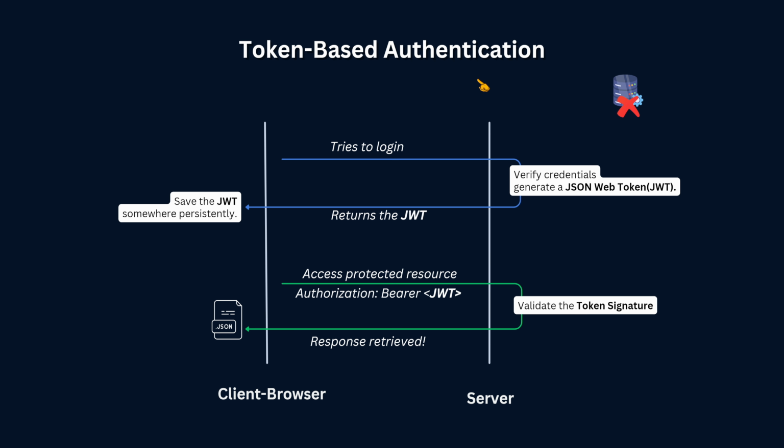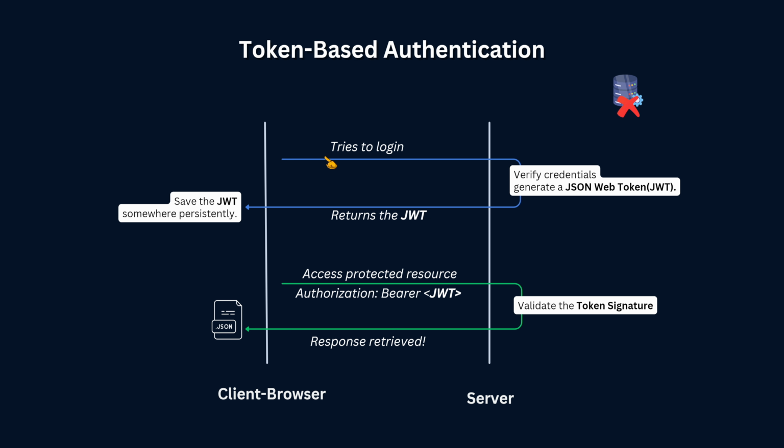Now when it comes to token-based authentication, it is stateless, meaning that there is no involvement of a database like we've seen in cookie-based authentication. There is no record saved in a database proving that a particular user is successfully authenticated to the system. JSON Web Token authentication, or JWT authentication, comes under token-based authentication. So here it goes.